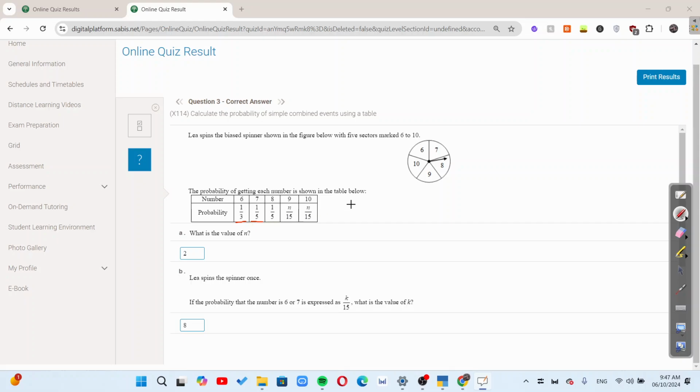So 1 over 3 is 5 over 15, plus 3 over 15, plus another 3 over 15, plus 2n over 15, because you have two n's and they're both over 15. That equals 15 over 15.